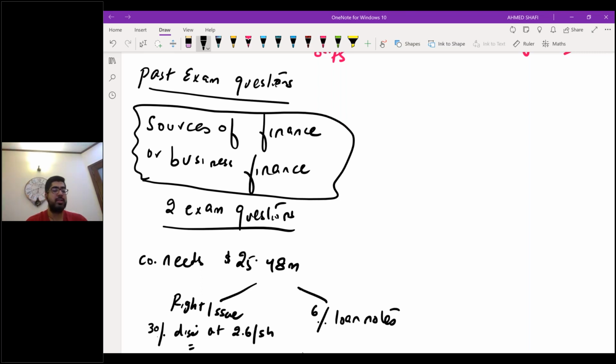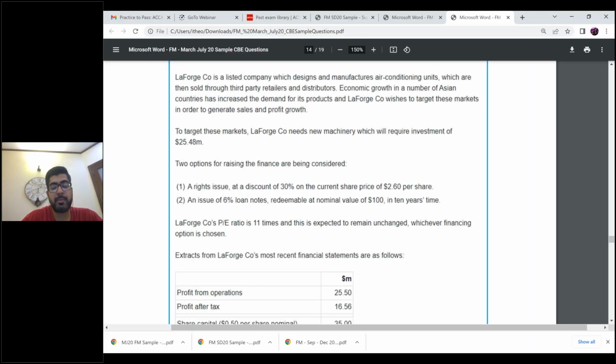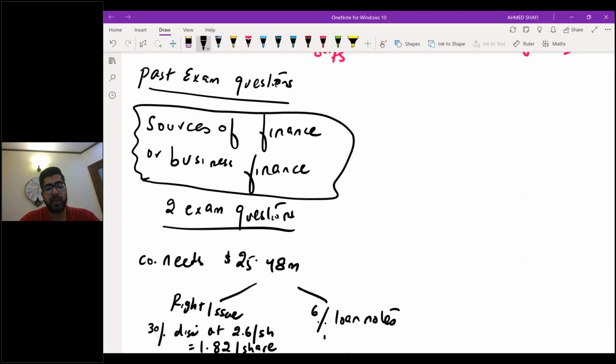That means right issue is at 30% less than the current share price of 2.6 per share. That means right issue is at 1.82 per share. Okay, or the company can raise it via 6% loan notes redeemable in 10 years time. So through 6% loan notes you can raise 25.48 million. Okay, these are the two options under consideration.